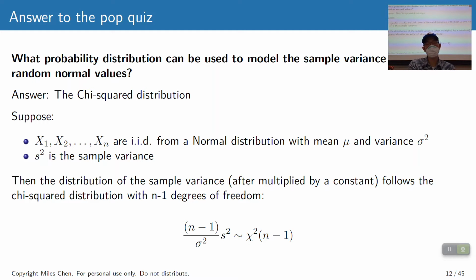If you did want to use the theoretic distribution, this quantity, S squared times (n minus 1) over sigma squared, would follow a chi-square distribution with n minus 1 degrees of freedom. So if I scale the sample variances by n minus 1 over sigma squared, the result would follow a chi-square distribution.